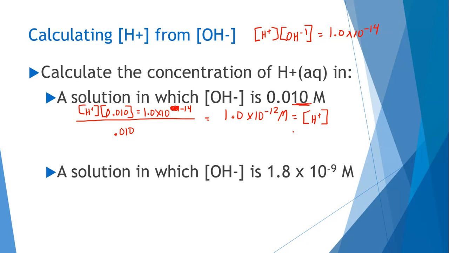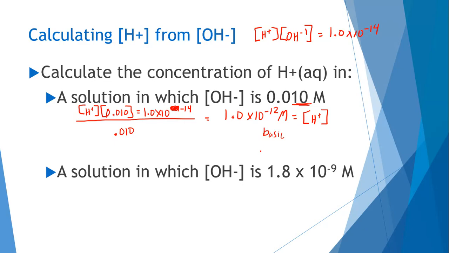Again, if you are asking if something is acidic or basic, you need to look at its H+ concentration. So here it says H+ concentration is -12. -12 is considered basic because -12 is less than -7.